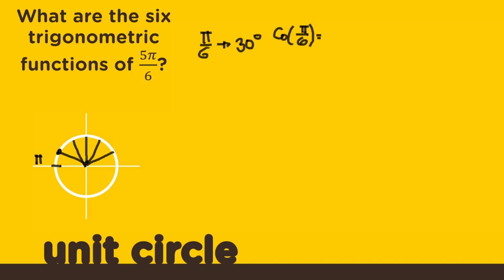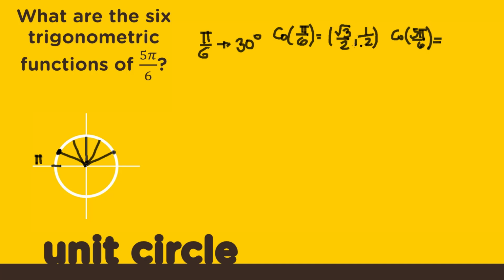It's here. We know that the point or the coordinate of pi over 6 is somewhere here. So that's actually square root of 3 over 2 and 1/2. That's pi over 6 alone. But the coordinate of our 5 pi over 6 will depend on the location of its terminal point.